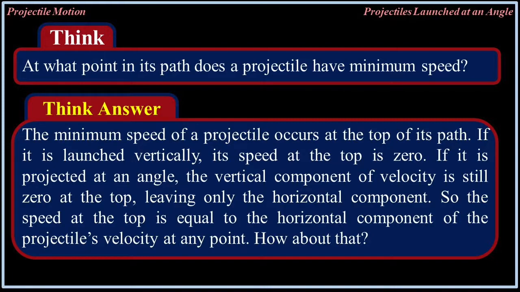If it is launched vertically, its speed at the top is 0. If it is projected at an angle, the vertical component of velocity is still 0 at the top, leaving only the horizontal component. So the speed at the top is equal to the horizontal component of the projectile's velocity at any point. How about that?